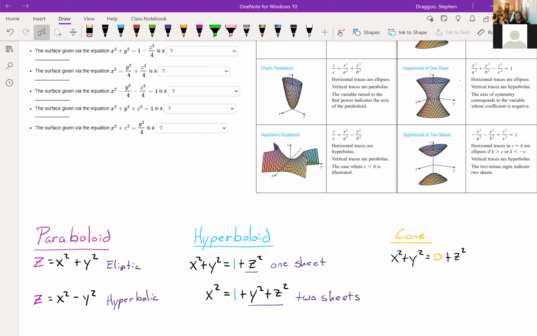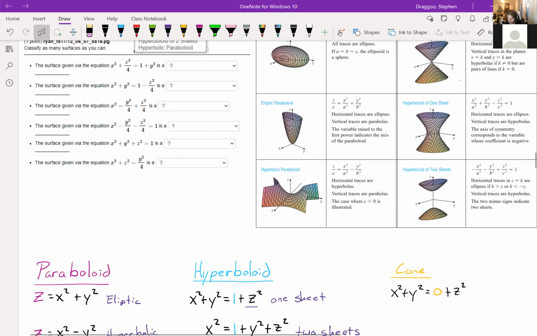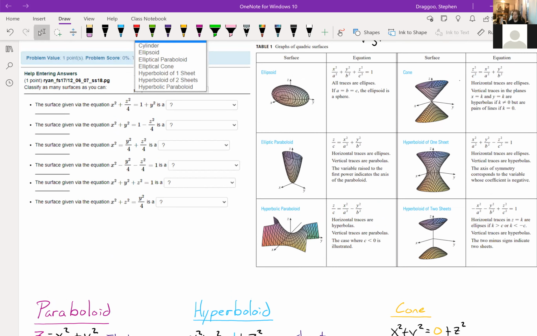And then finally, if I do not have a constant, meaning my constant is 0, I'm going to end up with a cone instead. So 1 term is 1 sheet, 2 terms is 2 sheets, and then a 0 constant term is going to be a cone. But if we look just back up at these pictures real quick, when I said earlier that we're going to fudge it a little bit and call a cone a hyperboloid as well.